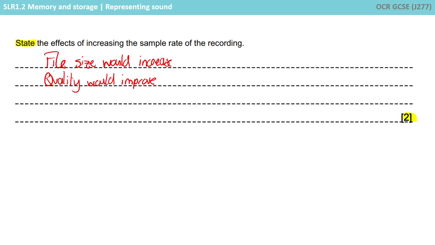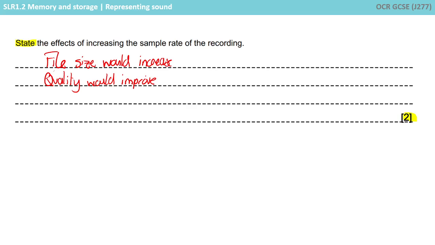Okay, it doesn't ask you to explain why. Just state the effects of increasing the sample rate. If you know, by all means, add on to that. File size would increase because more samples are being taken per second. Quality would improve because it's going to be more accurate to the original. By all means, put that in, but normally with state, that's what you have to put in.